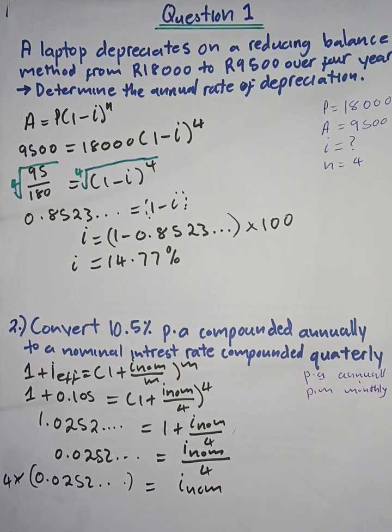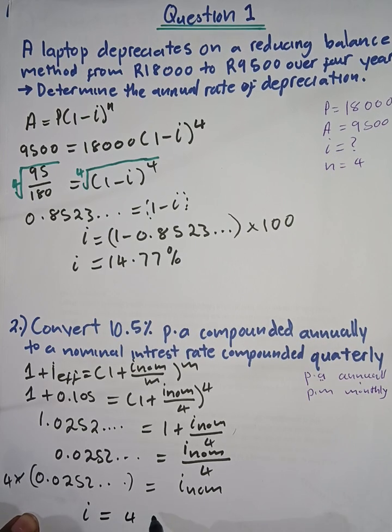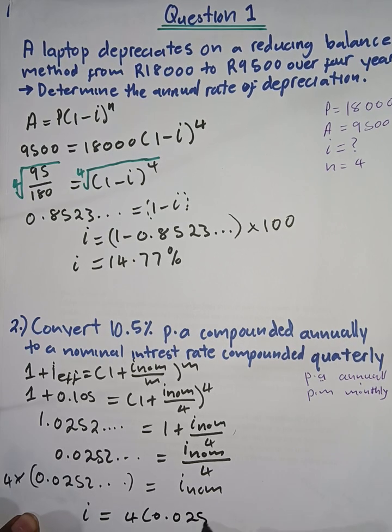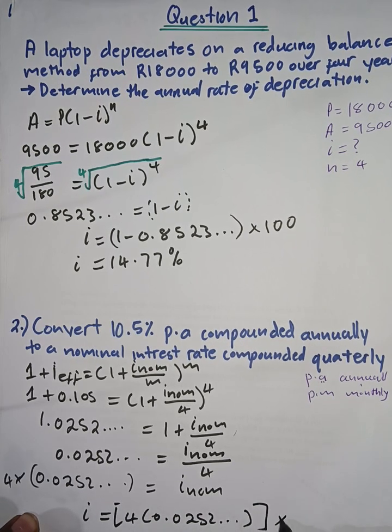Now remember, we're looking for i, and it would be in percentage. So what you need to do is take whatever expression you get here and multiply it by 100. I'm just going to leave it as that. So it would be 4 multiplied by 0.0252 and some other decimal, and we would multiply whatever we get here by 100.